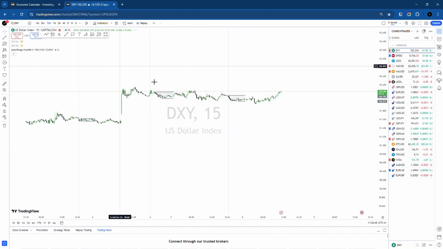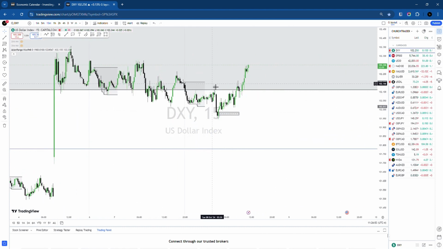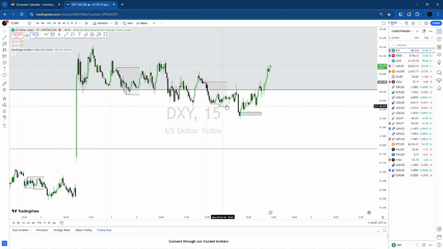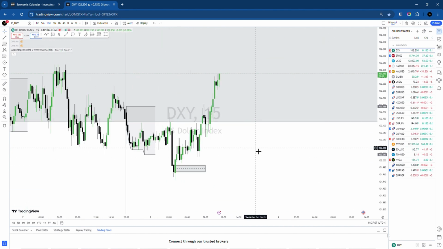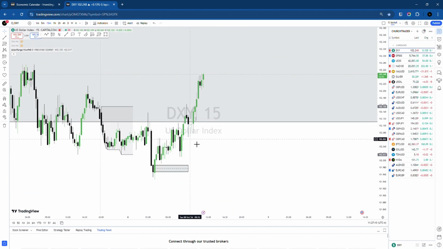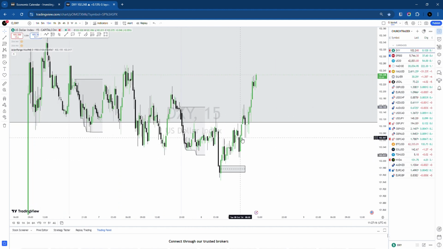So today, again, on the 15-minute time frame, we saw the XY take Asia lows. When it took Asia lows, it had a market structure shift to the upside, breaking above this high. Then we had a move to the downside, coming back into the range, and started buying before pre-New York.